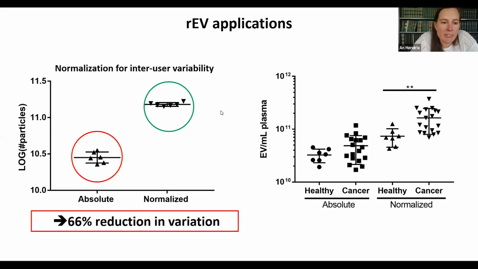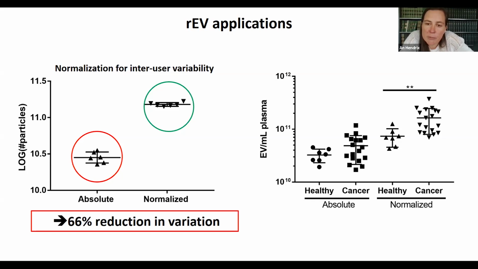So here we have an example where, in the absolute condition, we did no spike of the recombinant extracellular vesicles and no normalization of the data. However, if we do the same experiment with multiple users that are implementing a separation method to obtain extracellular vesicles from a biofluid, and we take into account the recovery efficiency of the recombinant extracellular vesicles that we spiked into this biofluid, we observe that we can reduce the variation by 66%.